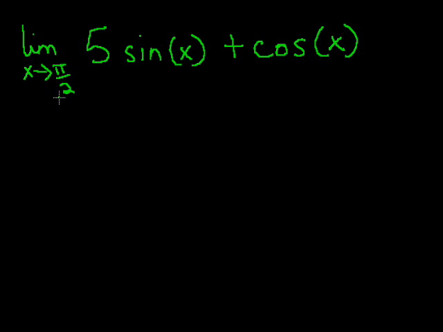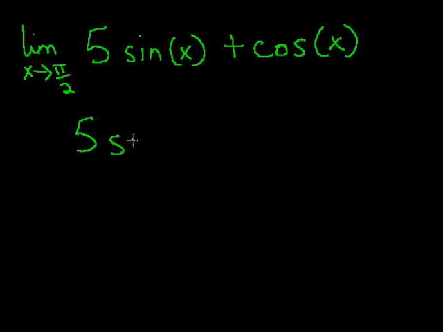So just like we did before, the first thing I'm going to try is, can I substitute? So let me try and put pi over 2 in place of x in both these places, and see if I can get something that doesn't end up with a 0 in the denominator or something like that.